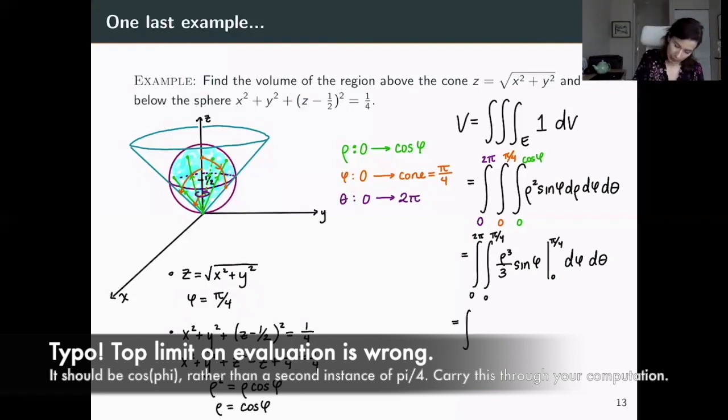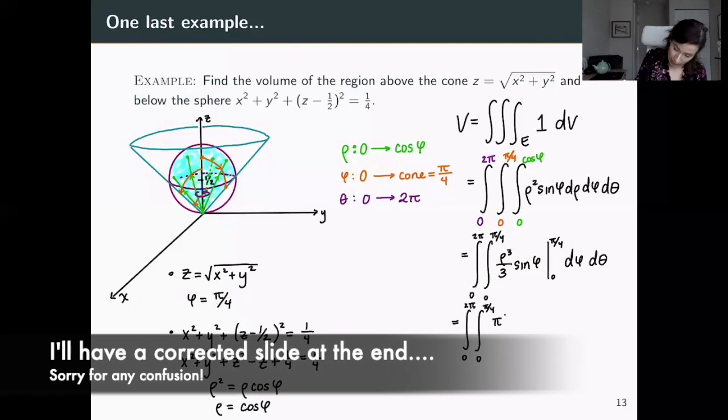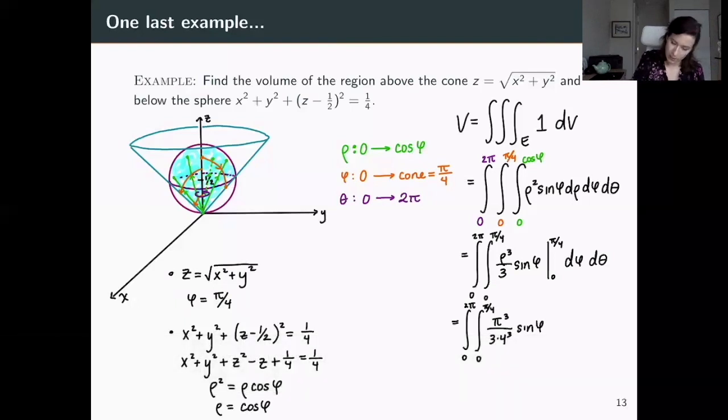Evaluating this, we'll end up with 0 to 2 pi, 0 to pi over 4, and we'll end up with cos cubed of phi over 3 times sine of phi, d theta. Lastly, we can get our integral from 0 to 2 pi.